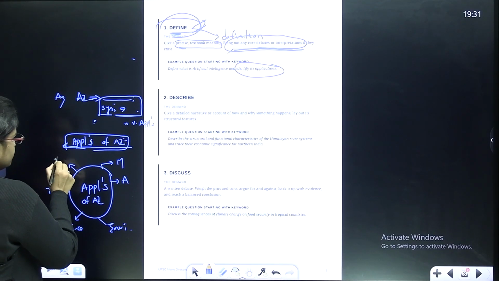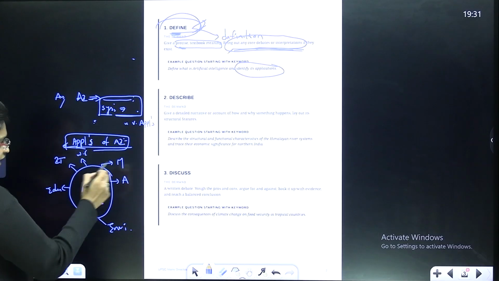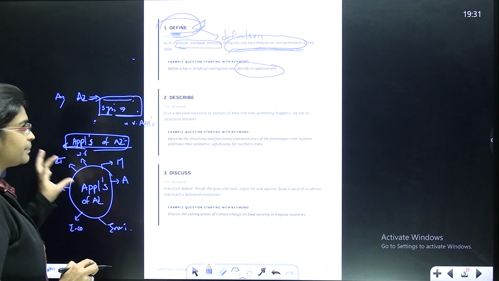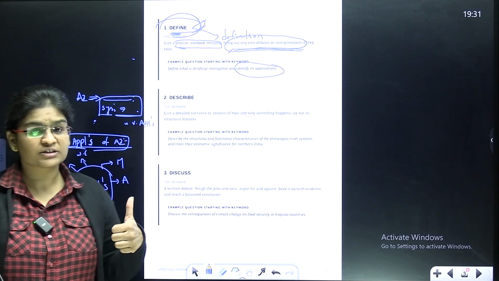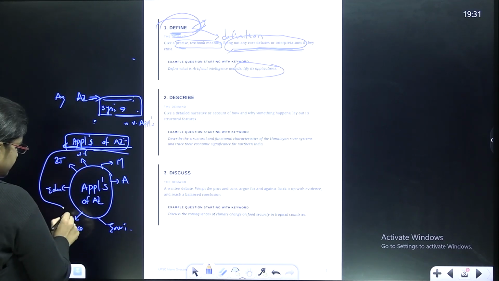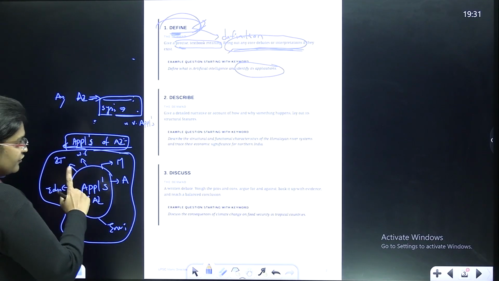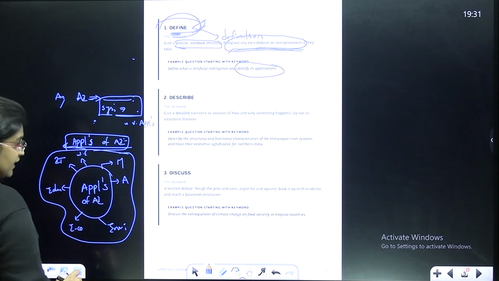So various new IT applications, weather forecasting. So first I will define what are the applications that I am going to define in my particular answer. Now, after defining this in a proper diagram, I will start.